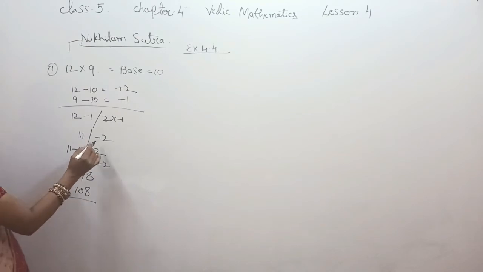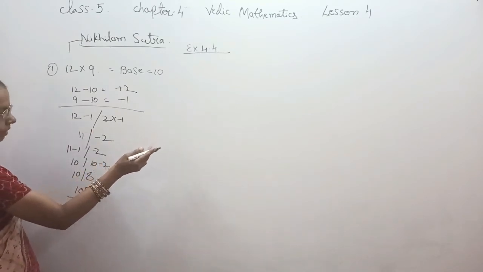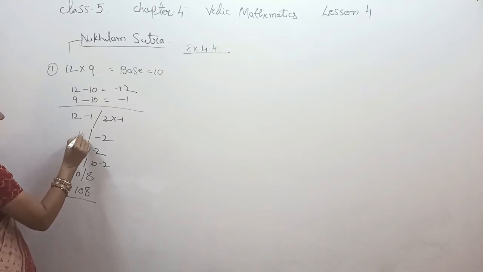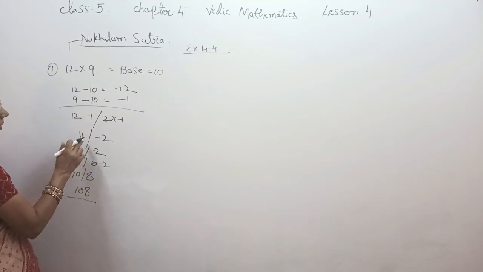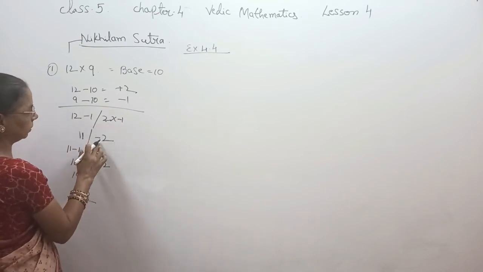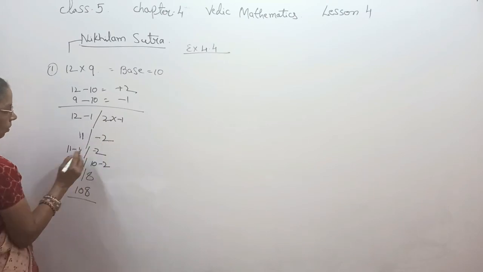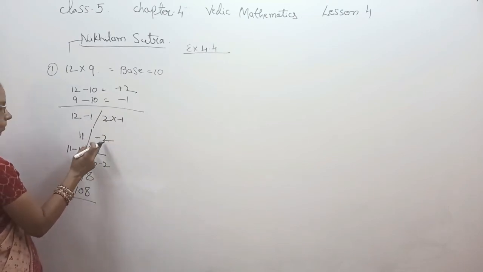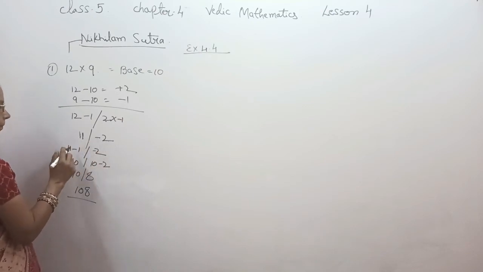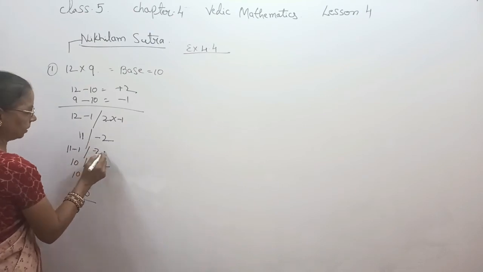In the last example I left something, which I am explaining now. 12 minus 1 is 11. Now 2 into 1 is 2, but here it is plus into minus, so minus 2. To make it positive, we take 1 from the left side, that is 11 minus 1, slash minus 2.